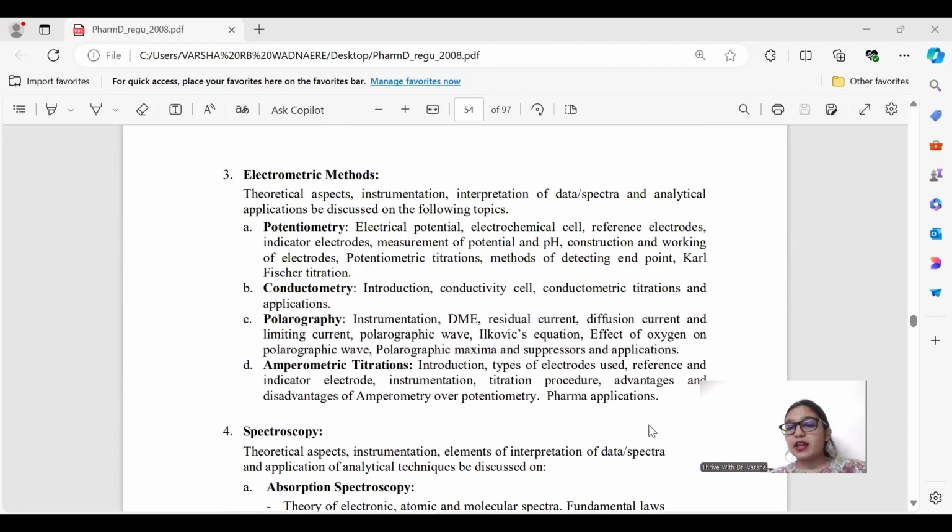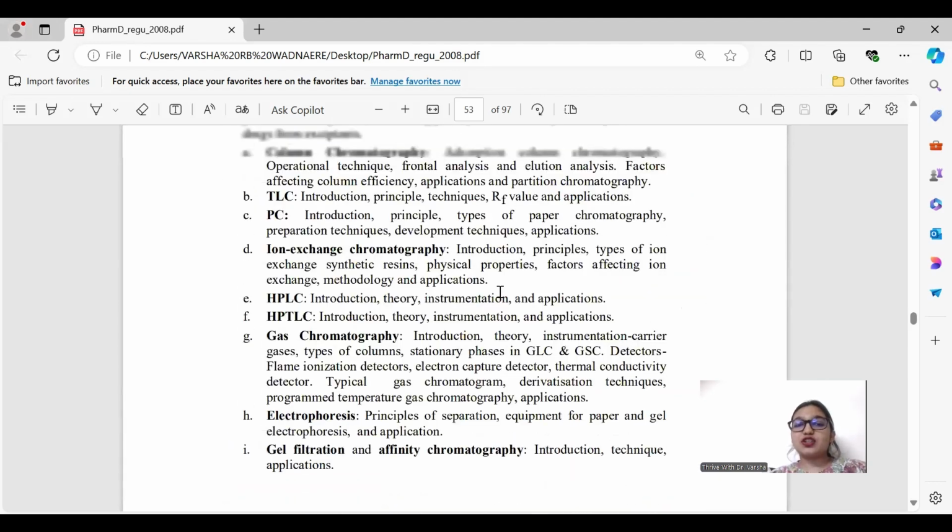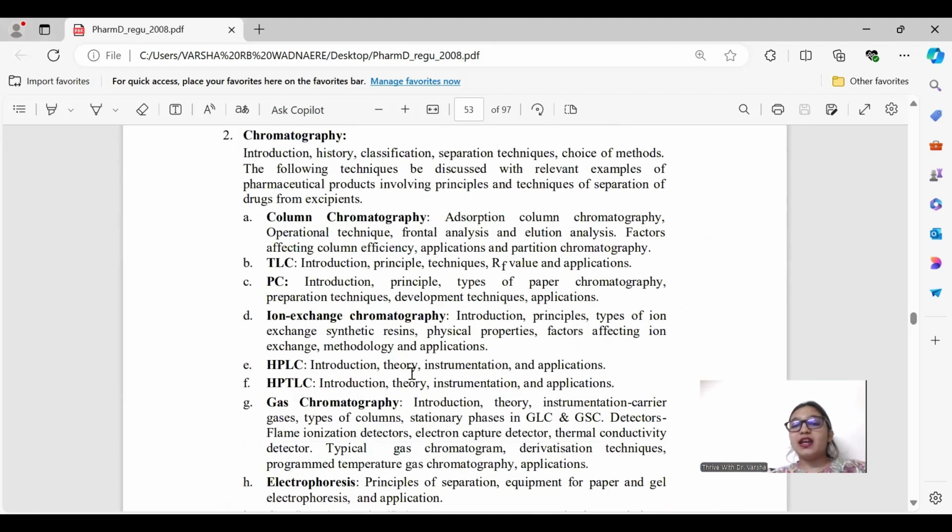They might ask you just for 2 marks to enlist pharma applications, or they can ask you for the classification of chromatography and their various functions, how they work or their applications, and so that can be asked for 2 marks.